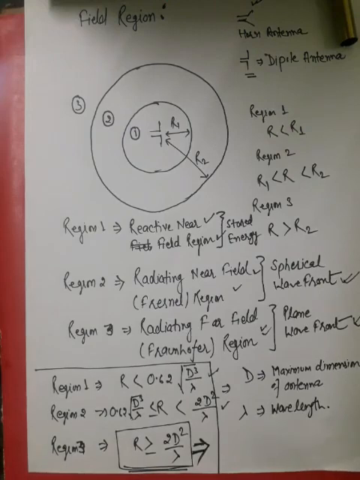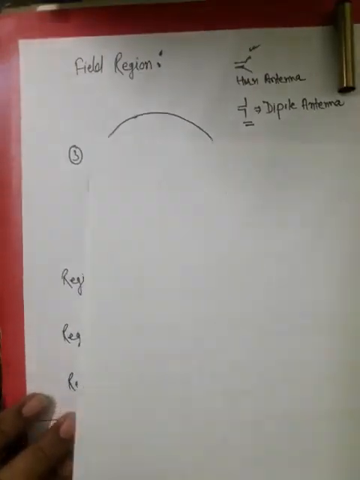It can be a plane wavefront, meaning same phase points make a plane. And it may be a cylindrical wavefront, meaning same phase points make a cylinder. So let me show you how we define these particular points.